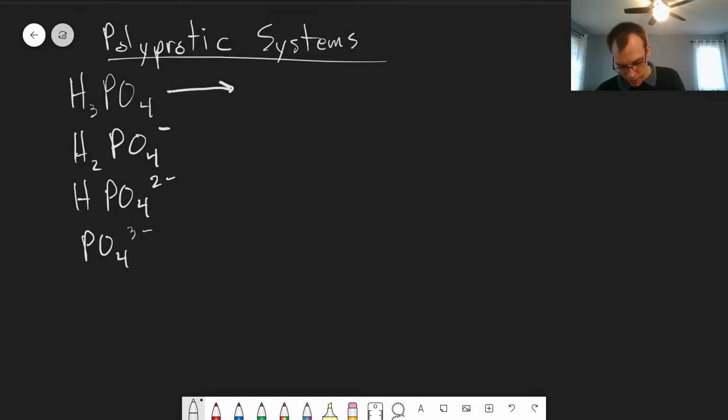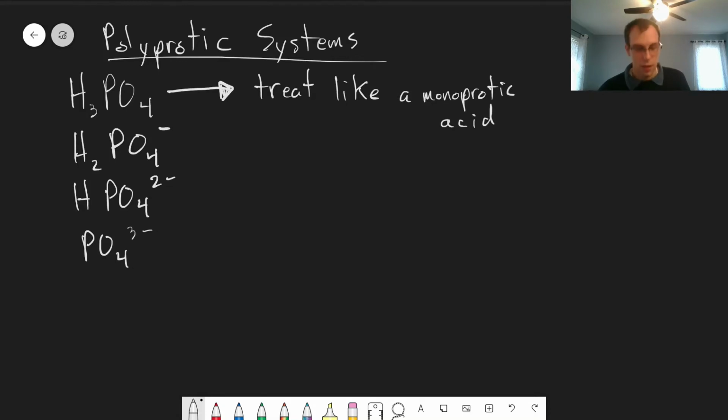If we want to solve equilibria involving the fully protonated form, phosphoric acid, just like with the diprotic system, we would treat this like a monoprotic acid. So we use the same approach where we'll end up with x squared over f minus x equal to the Ka, and we would use Ka1 to solve this equilibrium.